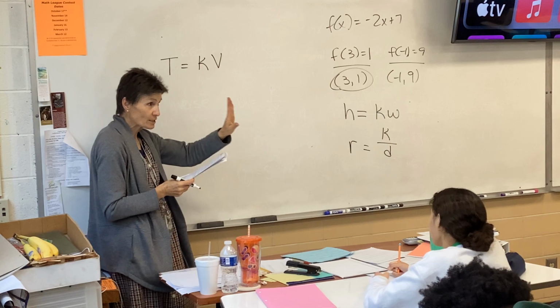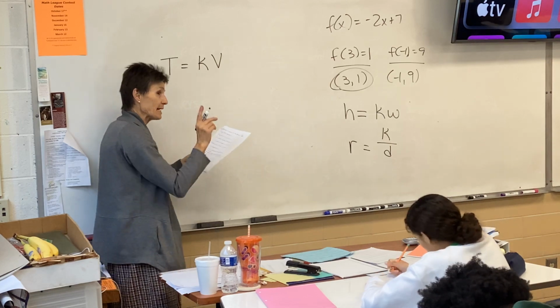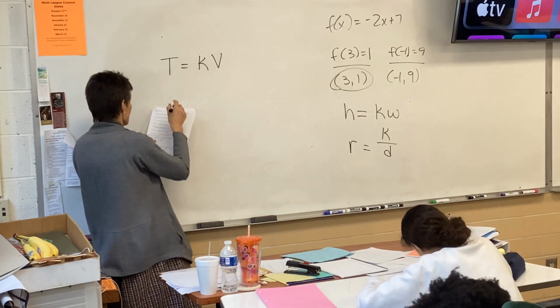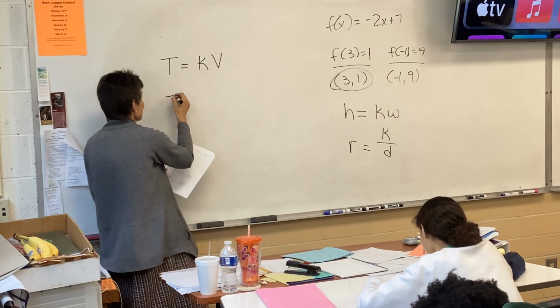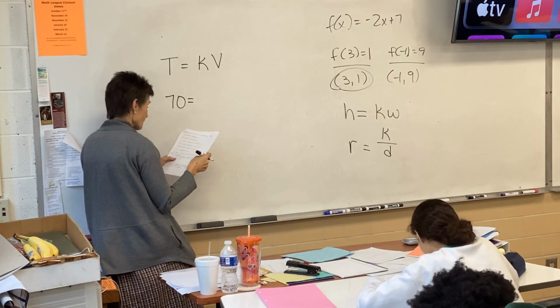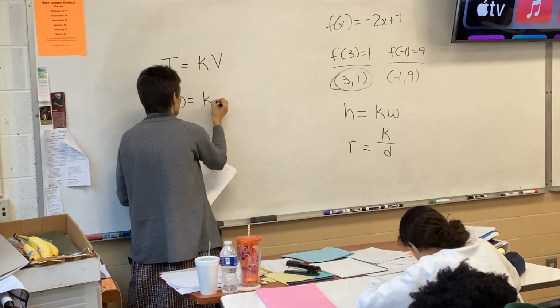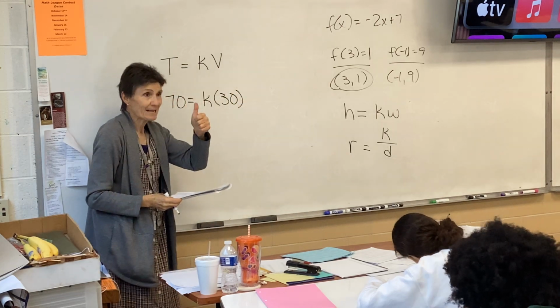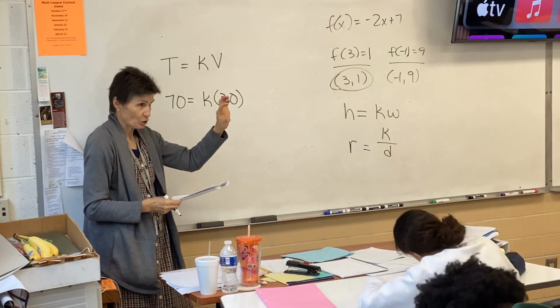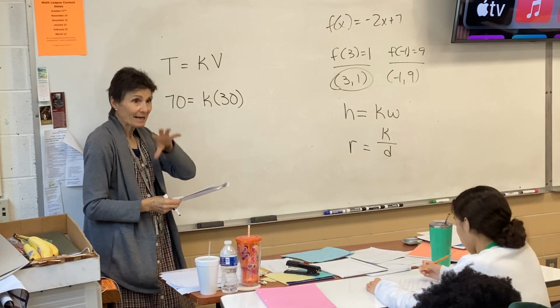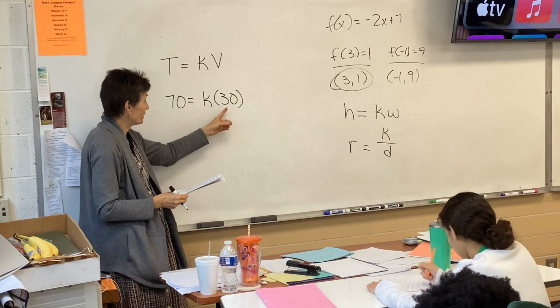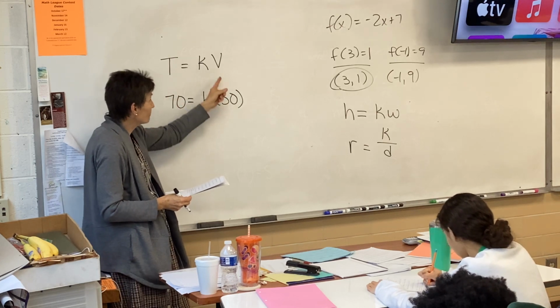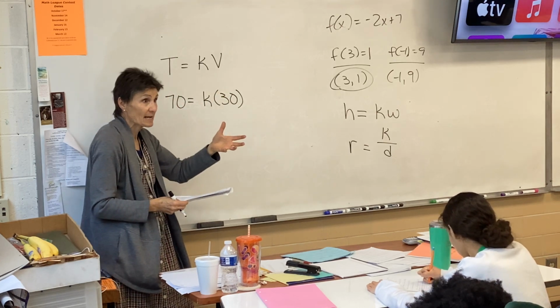Okay, that's the first sentence. The second sentence says, if the temperature is 70, the volume is 30. So my first sentence, I wrote my equation. My second sentence, I plugged in the T and the V that they gave me in the sentence.